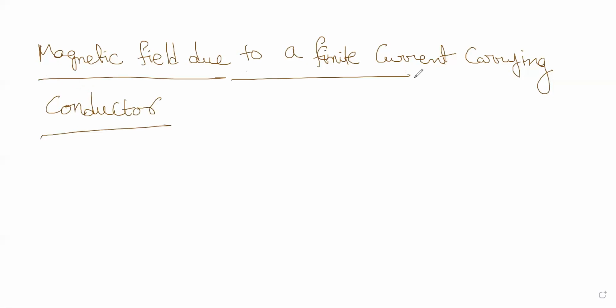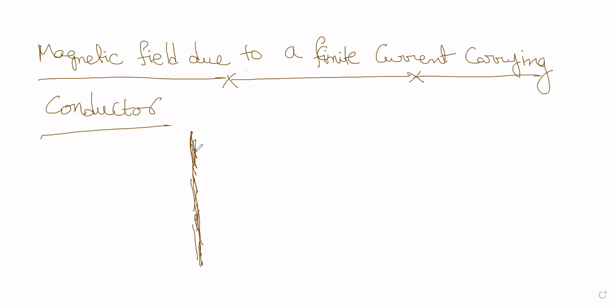So I will give the formula. Don't worry about the derivation of this one; it's a little bit complicated derivation. The conductor is of some finite length L. Anyway, the length will not come into the picture.